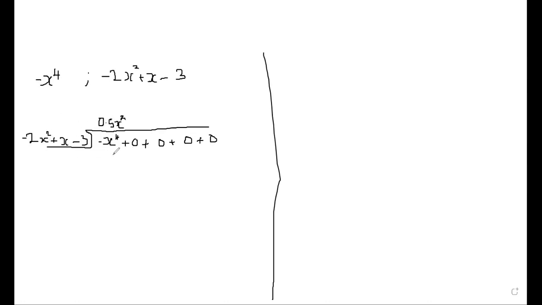So when you multiply this, you'd have negative x to the power 4. This multiplied by that, you would have positive 0.5x to the power 3.